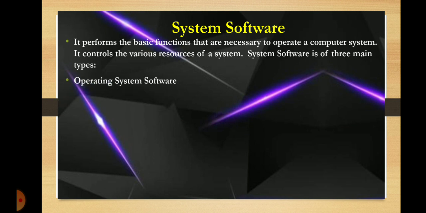System software performs the basic operations that are necessary to operate a computer system. It controls the various resources of a computer system. System software is of three types: operating system, language processor, and utility software.